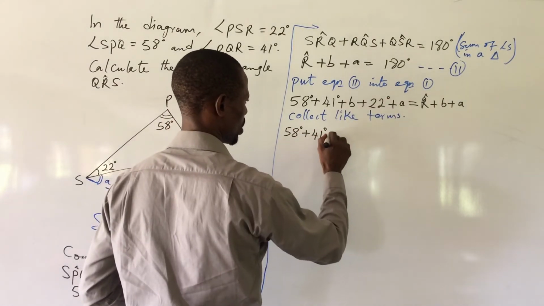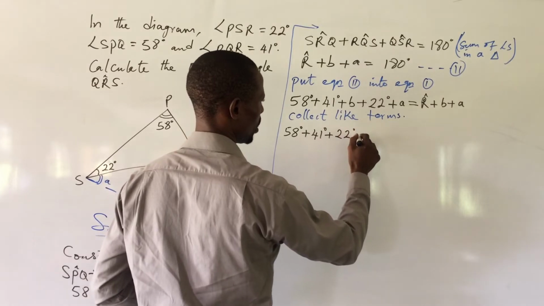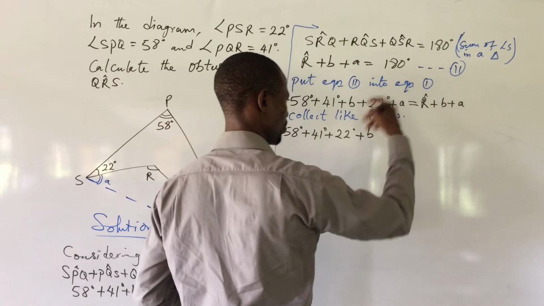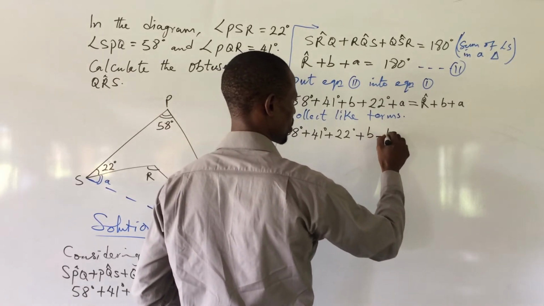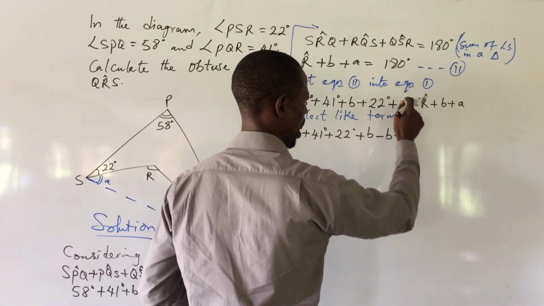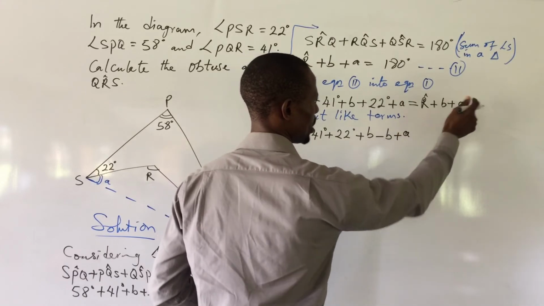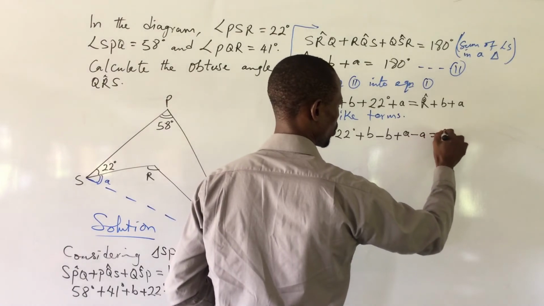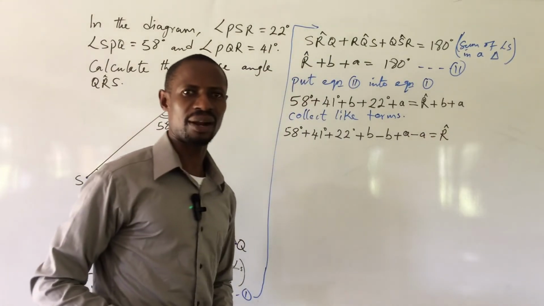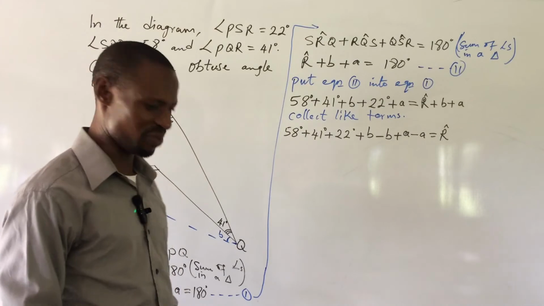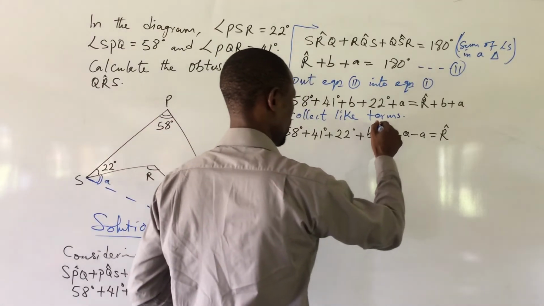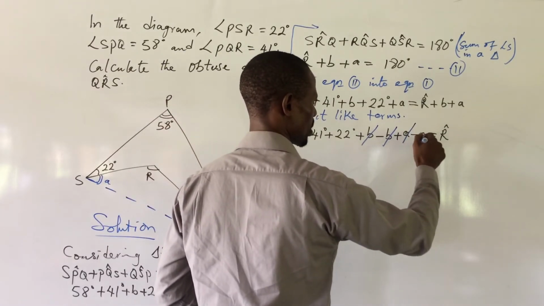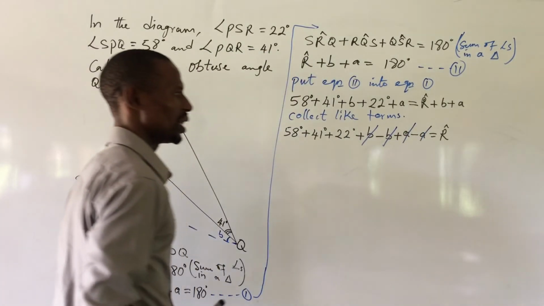We also have 22 here, so plus 22 degrees plus B. Look at B here. B will cross to this side to give you minus B, plus A here. Then this other A will cross over to give you minus A, equal to capital letter R, which is angle R. Now the thing is very simple. So from here, plus B minus B will leave the system. Plus A minus A will also leave the system.